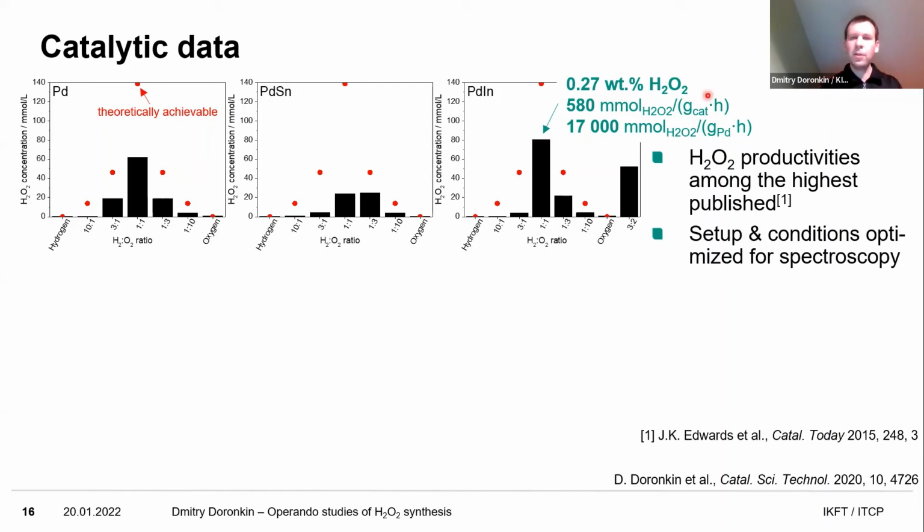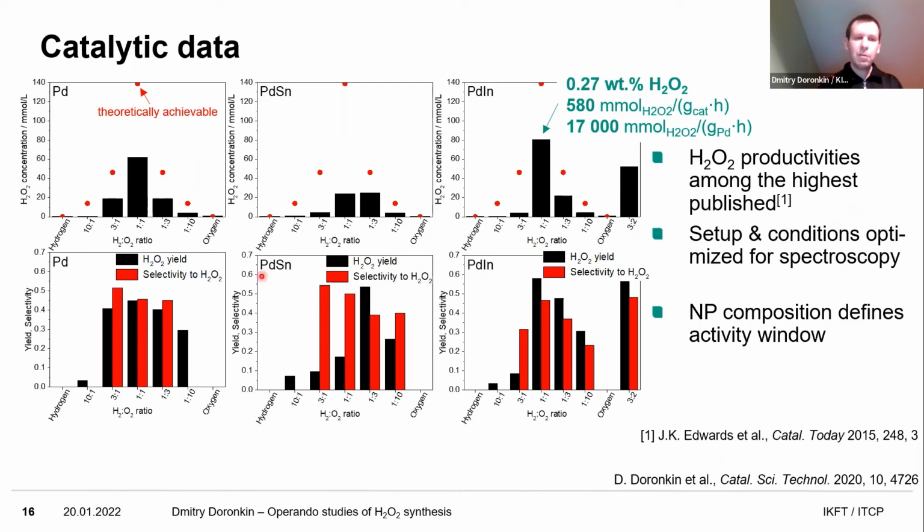At this point, we're obtaining hydrogen peroxide solutions which are just 1 order of magnitude below the requirements of industry. And that's without any optimization. That's in the in situ cell, which we made for synchrotron measurements. So in principle, we can continue with optimizing this system.